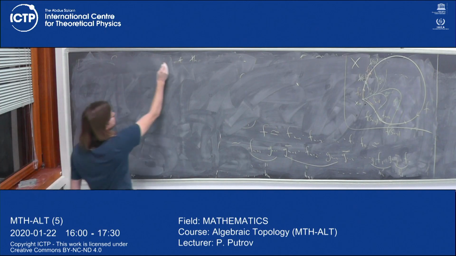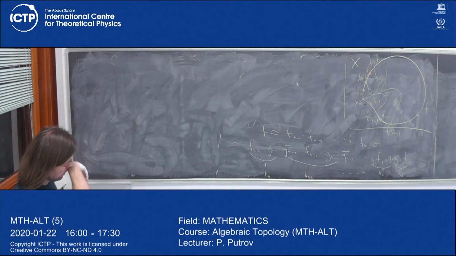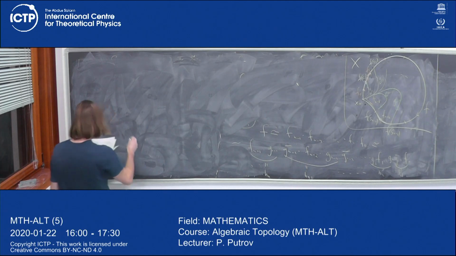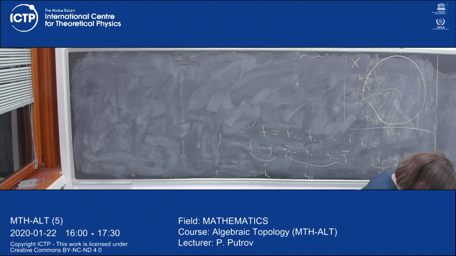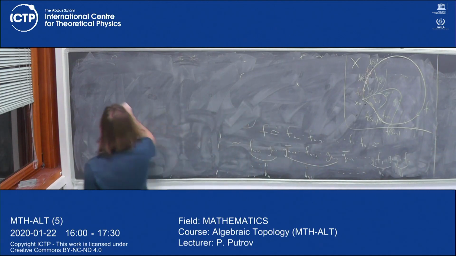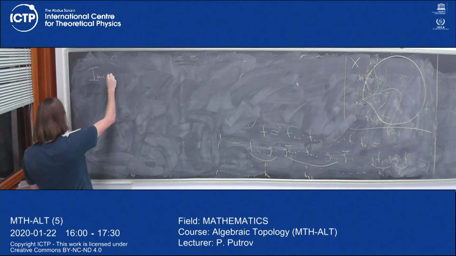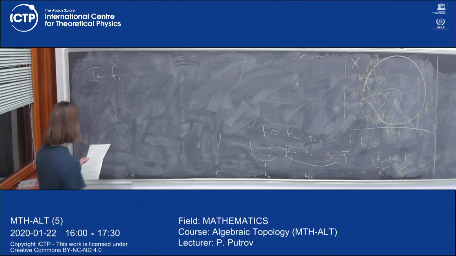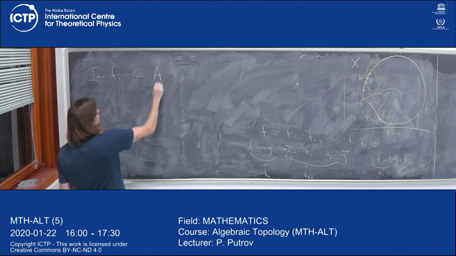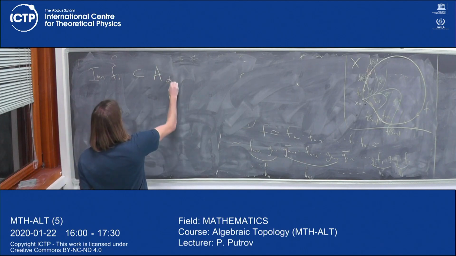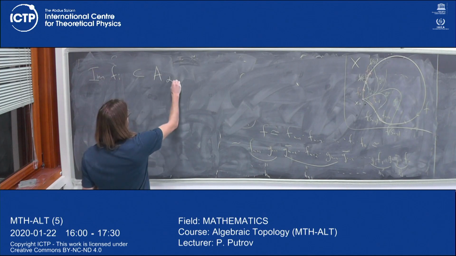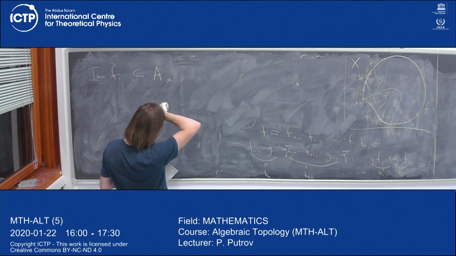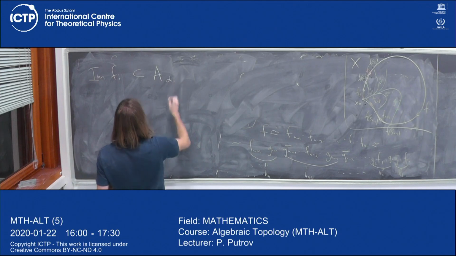This is indeed the case because by construction, each Fi, the image, was lying in I alpha.